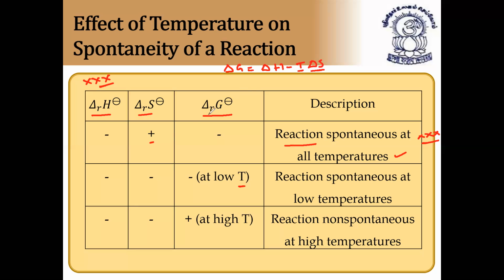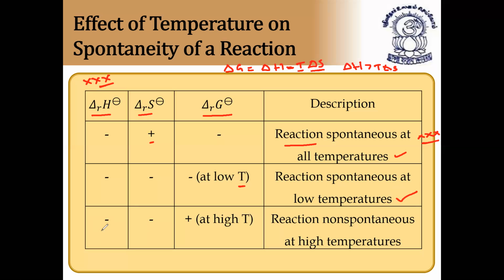As delta S is negative, negative of negative is positive, and at low temperature delta H, which is already given negative, should be greater in magnitude than T delta S, so that you get a minus sign. So by using this equation, delta G is negative only at low temperature. So the reaction is spontaneous only at low temperatures. This is the second condition.